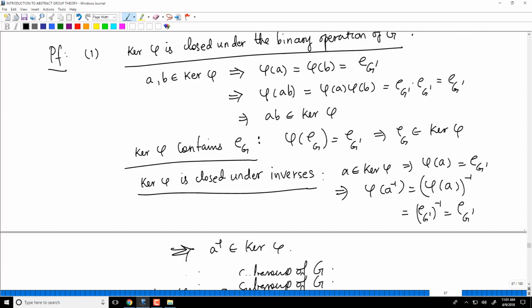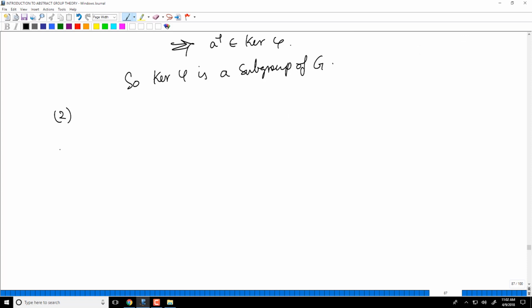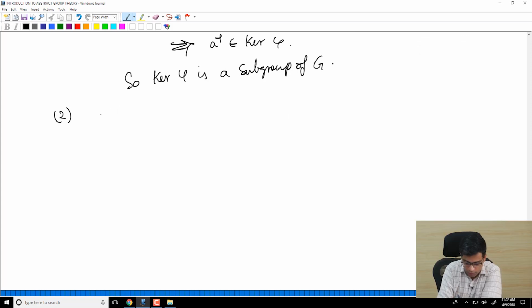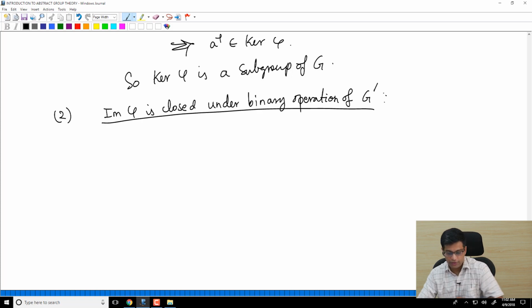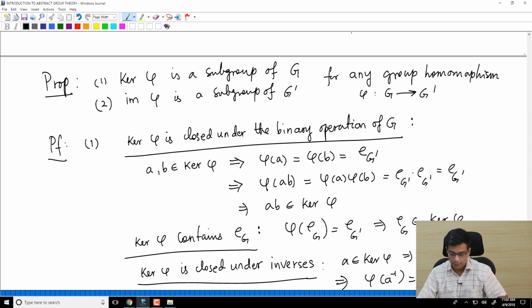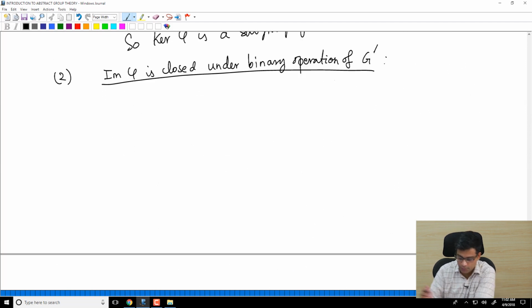I am going to show that image phi is a subgroup of G prime. Similarly, exactly as before, image phi is closed under the binary operation of G prime. What are two elements of image phi?